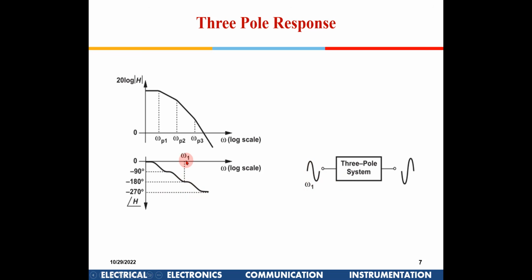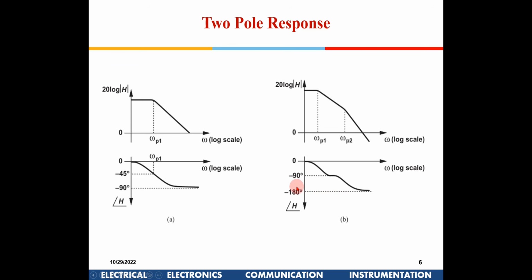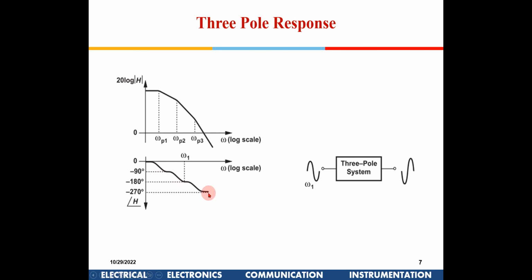So there is a possibility of 180 degree phase shift, but with two poles this happens only when omega is tending towards infinity. In this case, 270 is reached at infinity, but 180 can happen within your area of interest, within the frequency band which you are looking at.